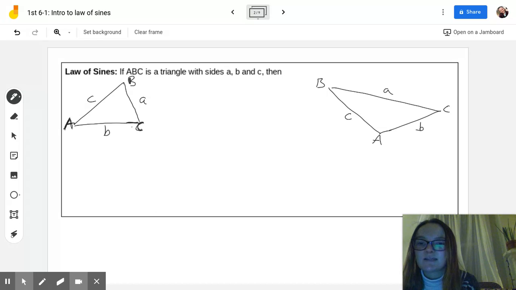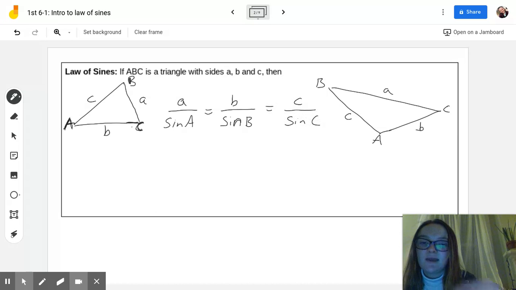The law of sines says this: side A divided by the sine of angle A is equal to side B divided by the sine of angle B is equal to side C all over the sine of angle C. That is the law of sines here.